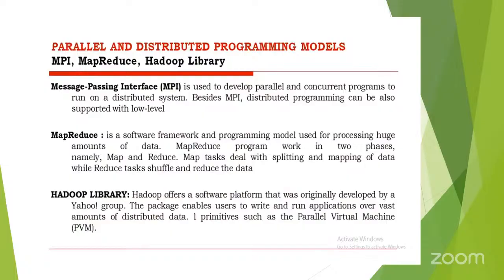MPI, message passing interface. So the program runs in parallel on a distributed environment by passing messages. Only by passing the messages will the program be executed in parallel. And one more thing is MapReduce. Here, map is one word and reduce is another.